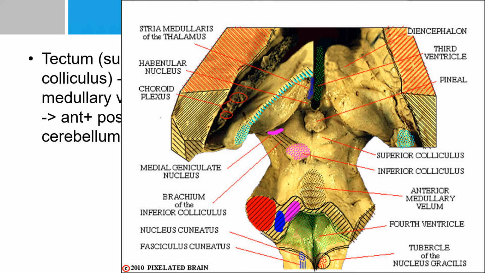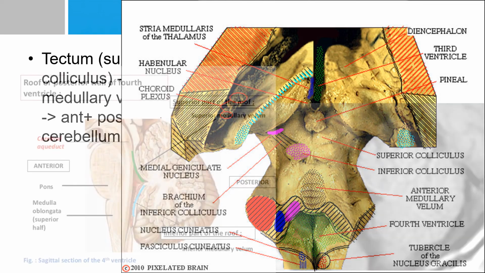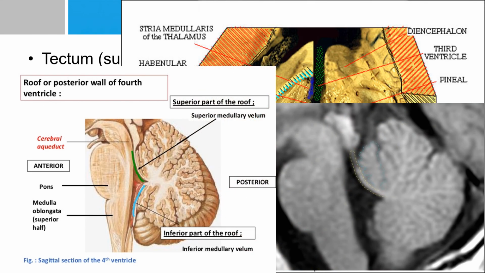And the anterior medullary velum is what constitutes the roof of the fourth ventricle as seen here. And on a mid-sagittal view, you can see that the superior medullary velum is right underneath the tectum of the midbrain, as you can see here on the MRI slides.